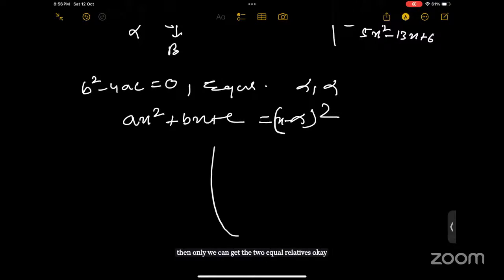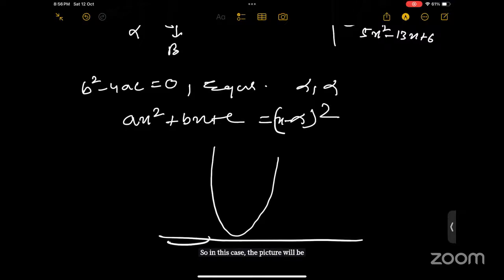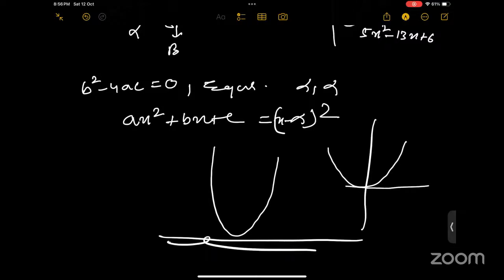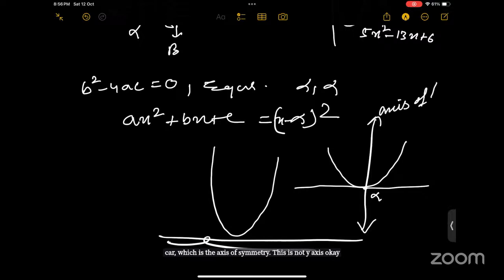So in this case, the picture will be like that. It will touch the curve. This is the axis of symmetry. This is not the y-axis. It will touch the x-axis at the point alpha.